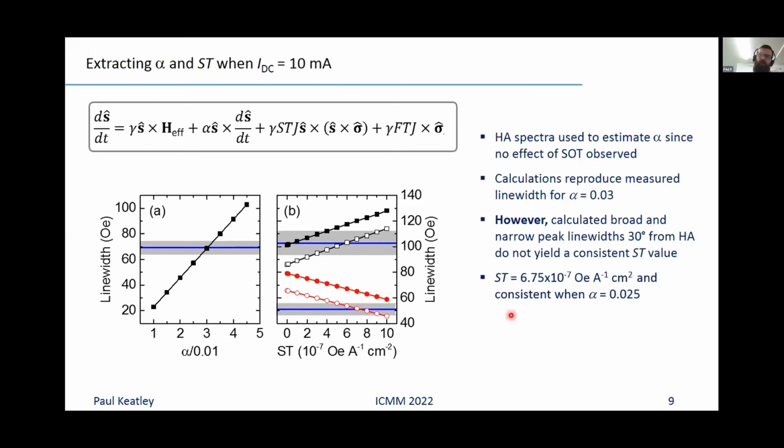And so that allows us to infer that the damping parameter is actually around 0.025, and the spin torque parameter is this value, 6.75. And we think this slightly reduced value of alpha is due to other damping mechanisms such as 2-magnon scattering, which are not included in our macrospin calculations.